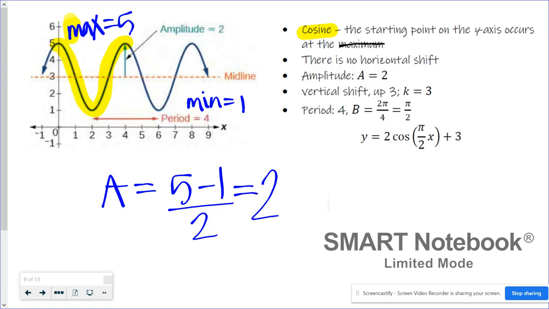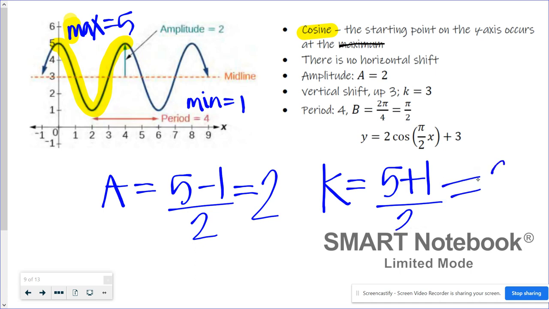And then your midline, k, is max plus min divided by 2. So 6 divided by 2 is 3. So you can do the math where you use the formulas. If simply looking at the graph itself is confusing, you can use those formulas.